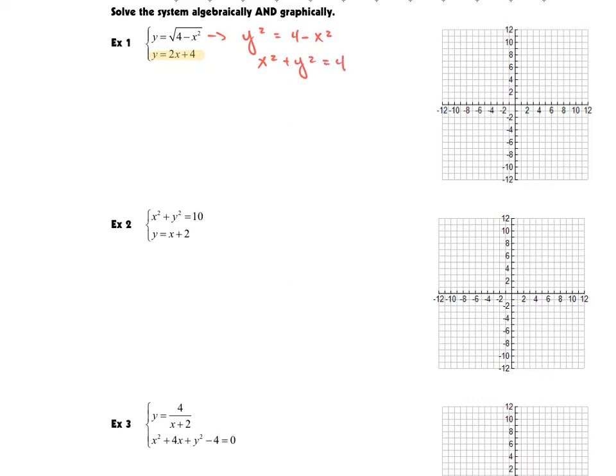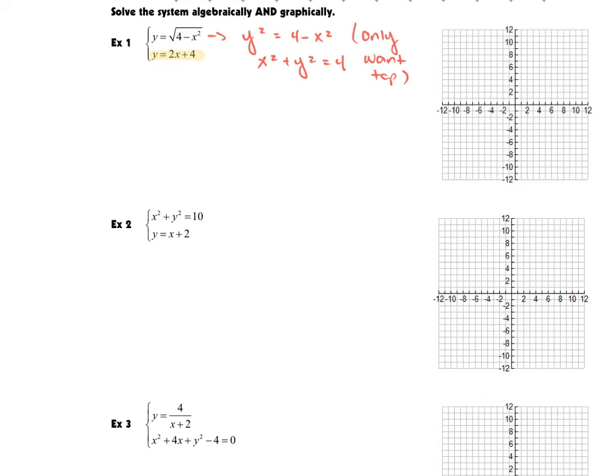What I can see that I really have going on here is the equation of a circle with a radius of 4. Now, what I need to remember is this started out as a square root function, so we only want the positive half, okay? So we want the top half. So we're only going to want the top of this circle. We aren't going to want the entire circle itself.